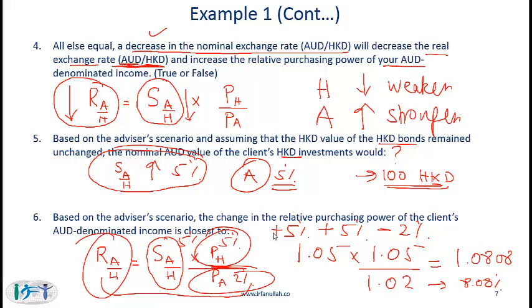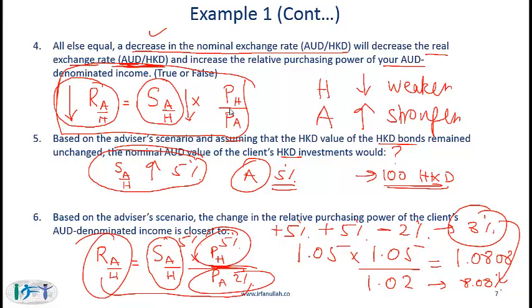When you do 5 plus 5 minus 2, you get 8%, which is roughly the same as what we have over here. Now, I hope you realize in going through this example that you must know this relationship. Whether or not you fully understand why this holds is beside the point. It's obviously good if you understand why this happens, but for the exam, you must know the relationship itself and how to use the relationship.